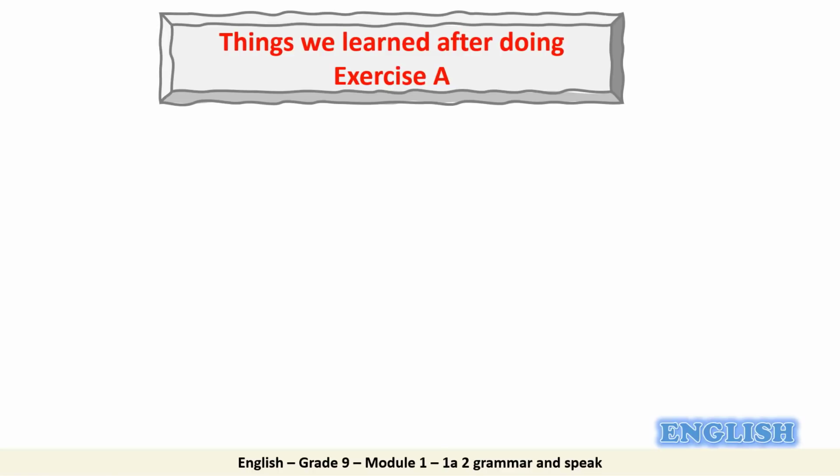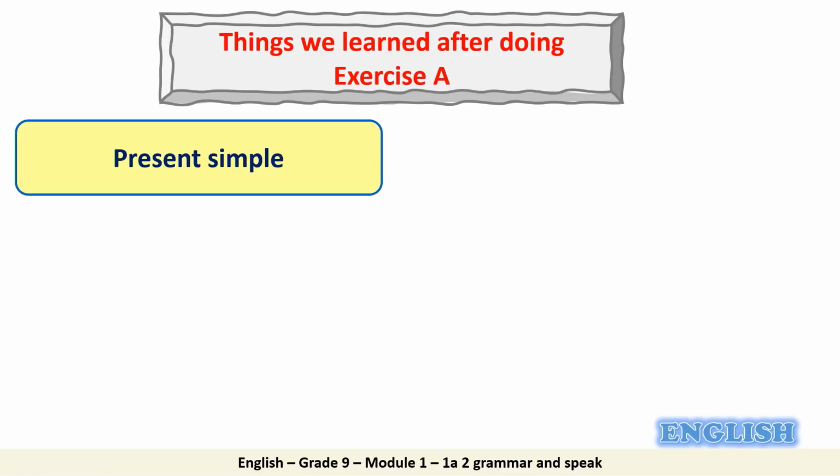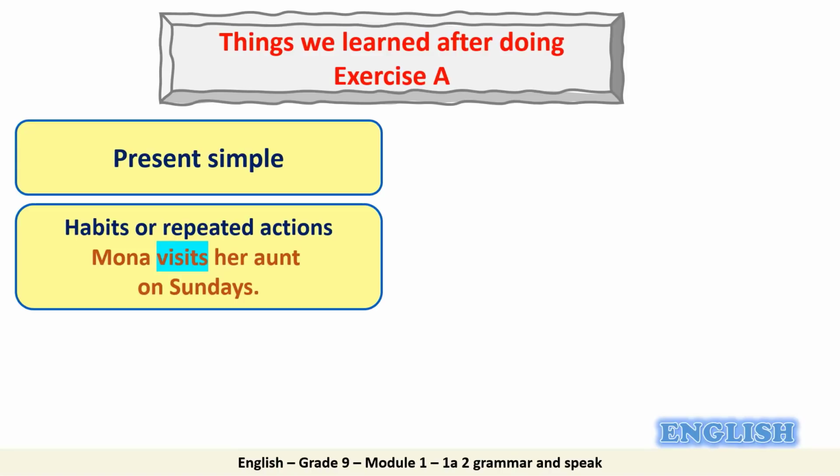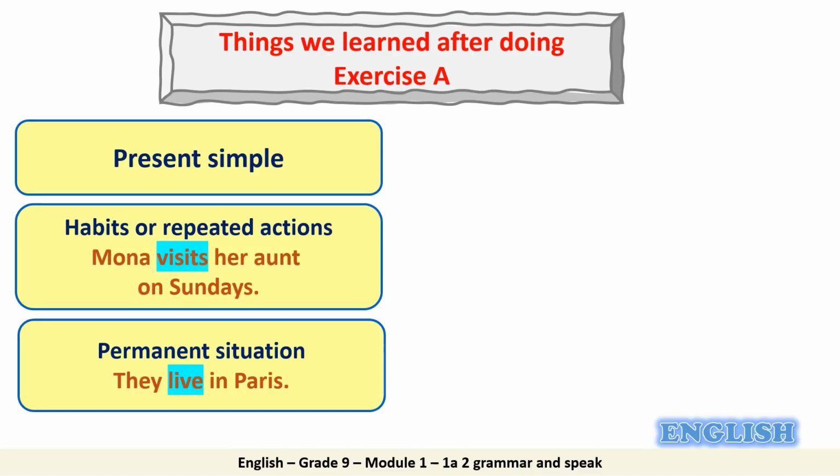Things we learned after doing exercise A. Present simple: habits or repeated actions. For example, Mona visits her aunt on Sundays. For permanent situations. For example, they live in Paris.